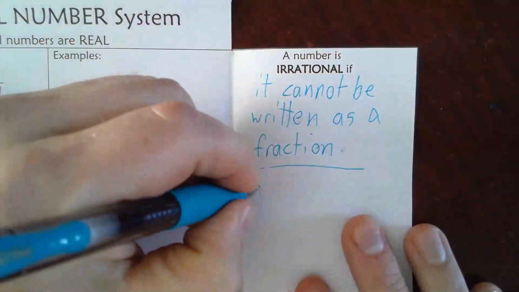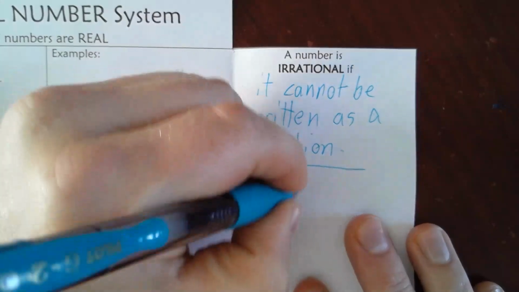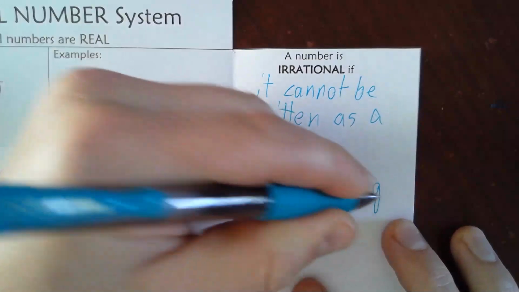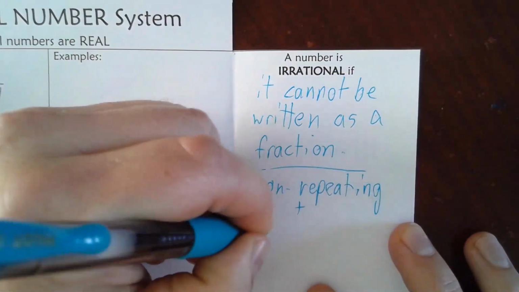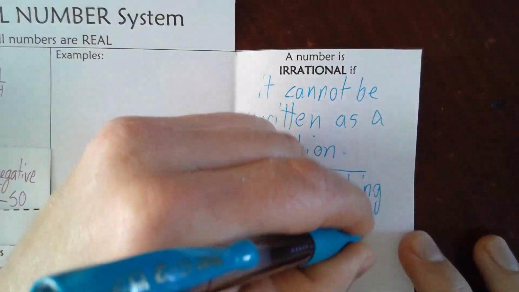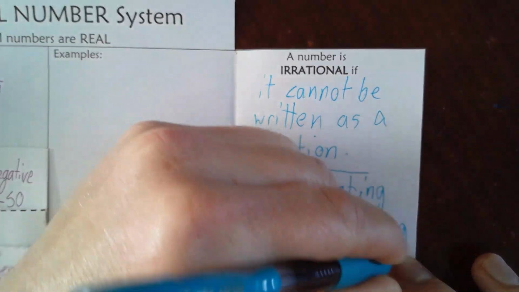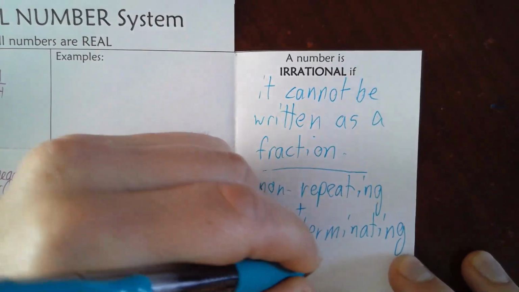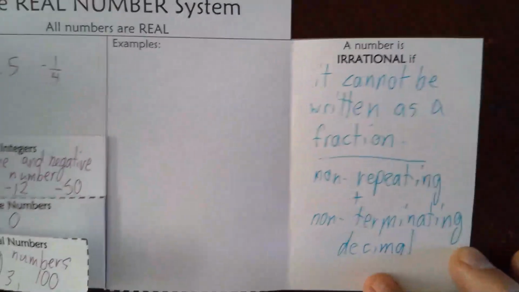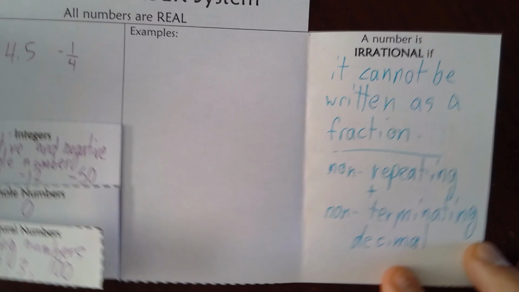Now, this includes non-repeating and non-terminating decimals. A decimal that does not repeat or stop is going to be an irrational number. Two examples of this then.